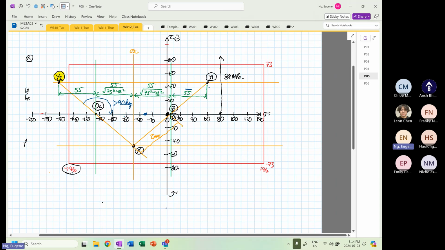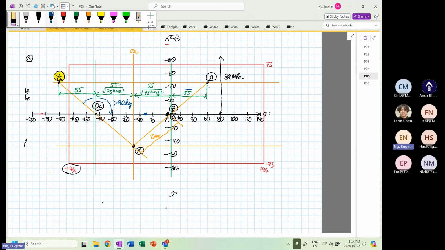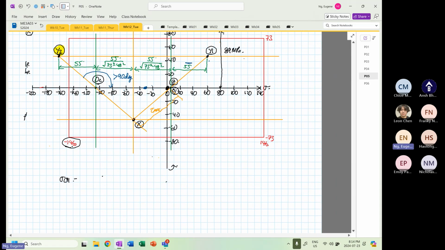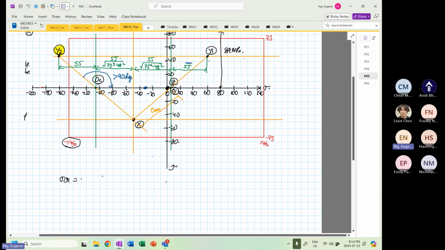So now we are going to see Y1, and we did calculate that stress sigma 1 is at positive 5 megapascal. And then we know that stress Y1 is equal to positive 60 megapascal.